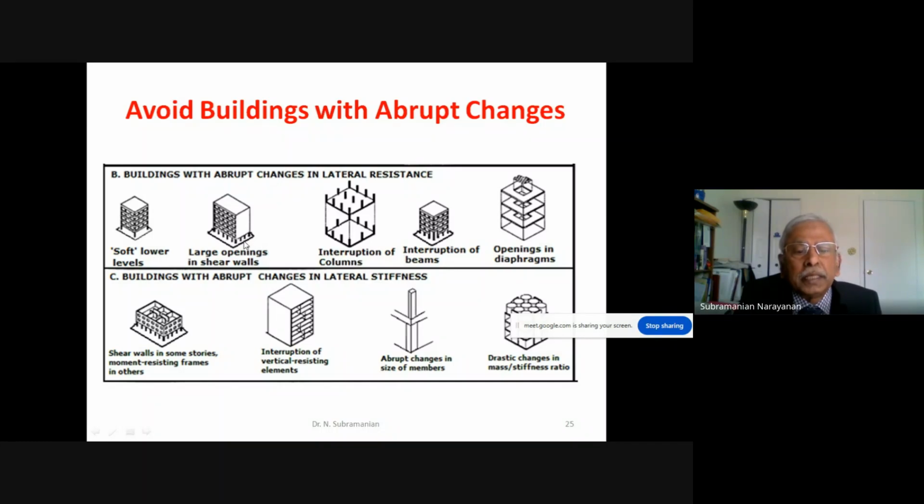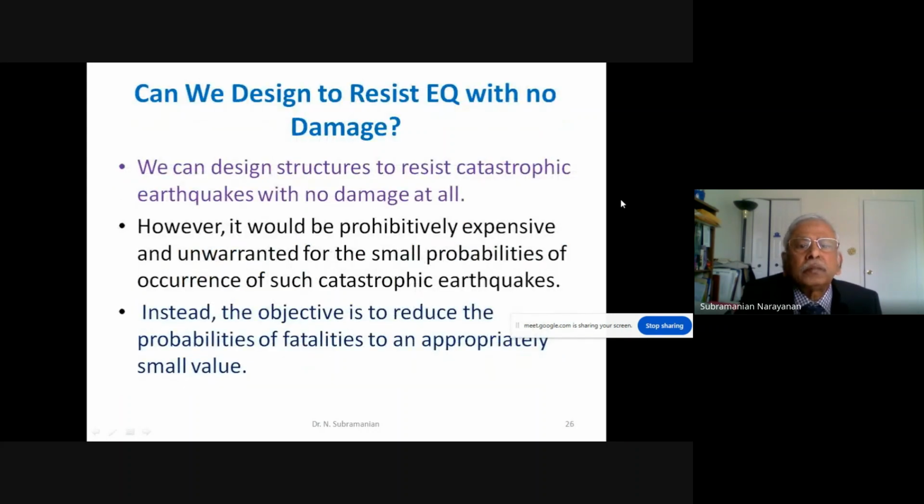Large openings in shear walls, interruption of columns, interruption of beams, openings in diaphragms, interruption of vertical resisting elements, abrupt change in size of members, drastic changes in mass and stiffness ratio. All these things should be avoided in order to have proper earthquake resistance.